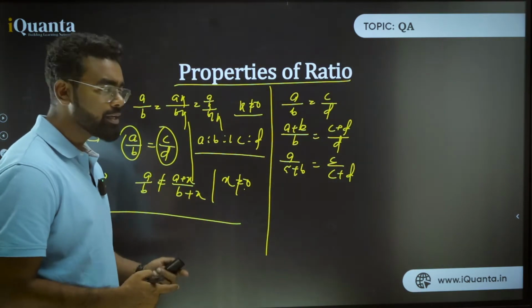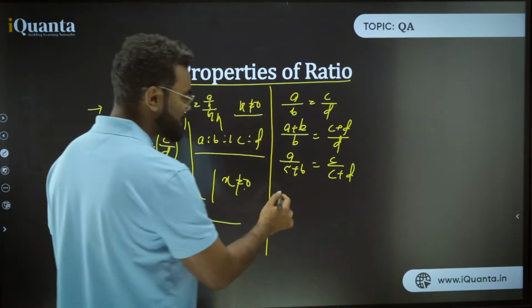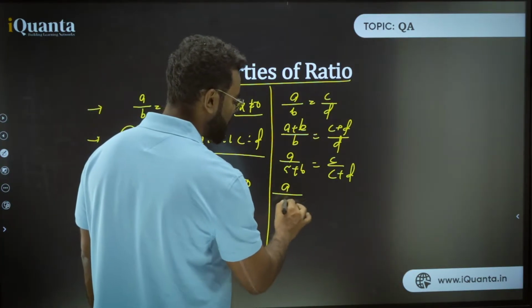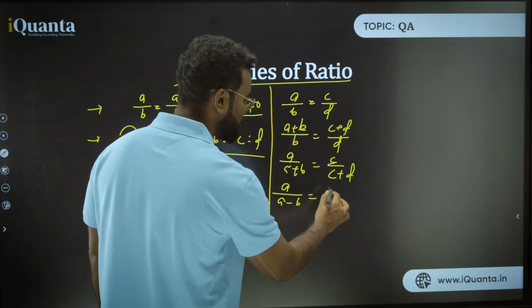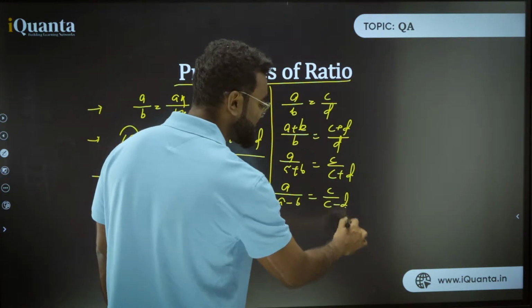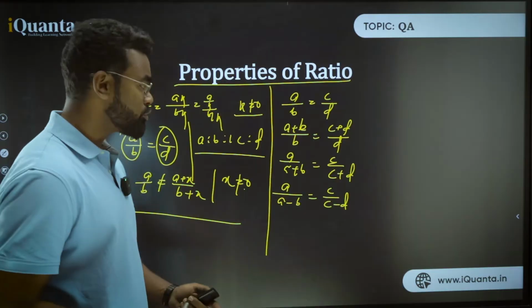If we do the same thing, the values are always equal. Or else I can say A upon A minus B is equal to C upon C minus D. If you do a similar operation on any side, it has to be equal.